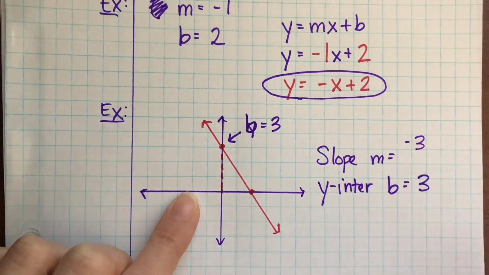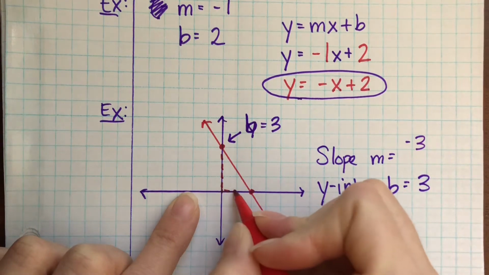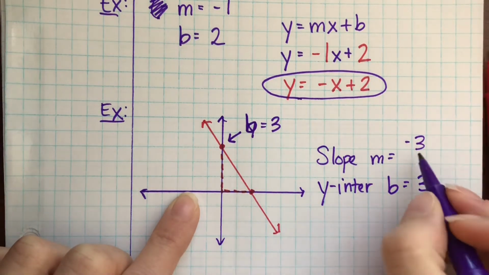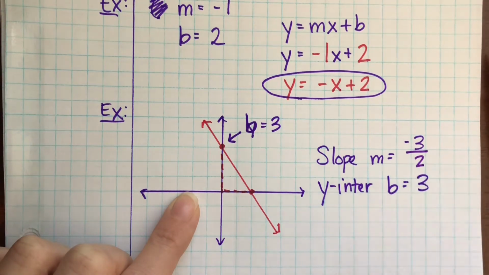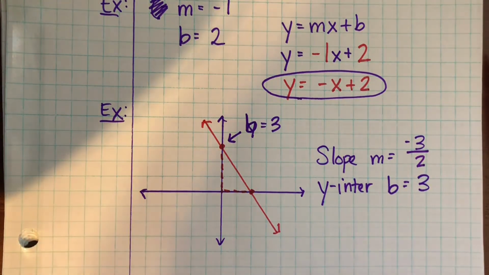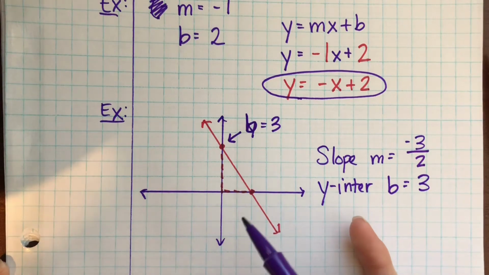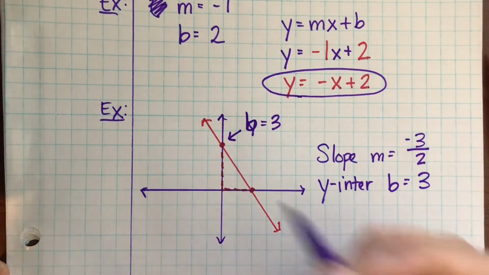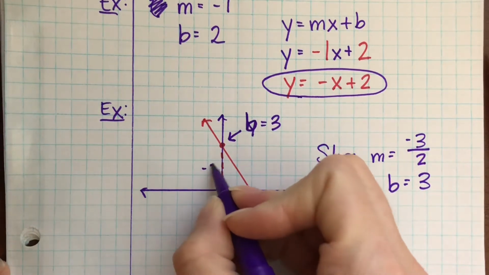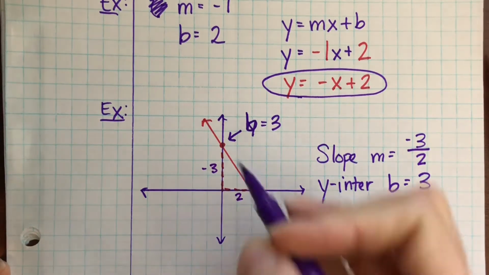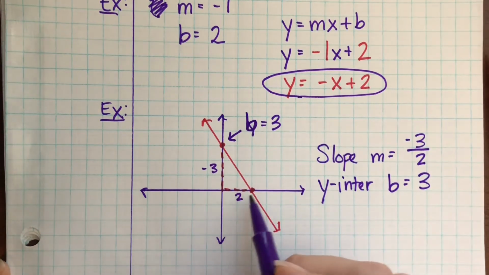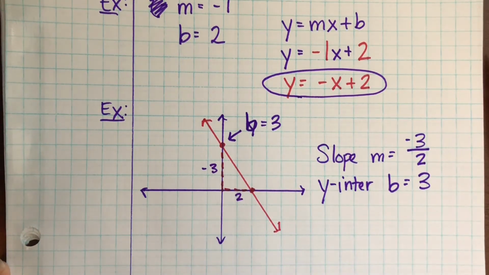And then we're going to go over 2, which means our denominator is going to be 2. Okay. Everyone, hopefully you understand how I got that. I know we haven't pulled the slope out in a while, but just a reminder, you went down 3 over 2. This is your change in y, or your rise. That goes on the top. This is your run. It goes on the bottom.